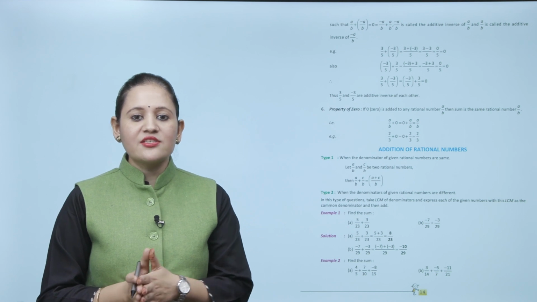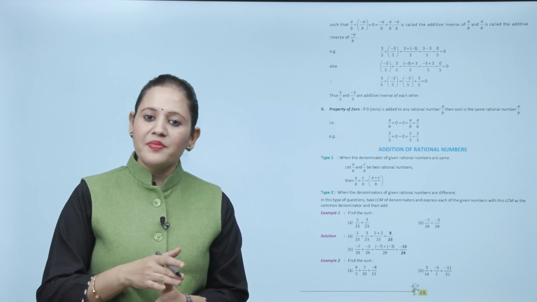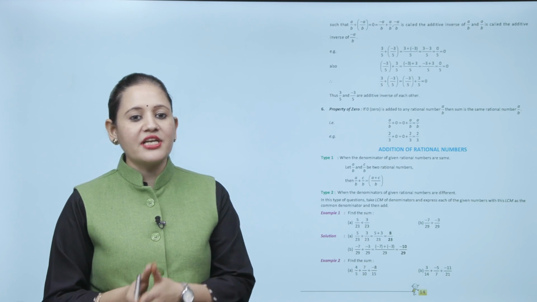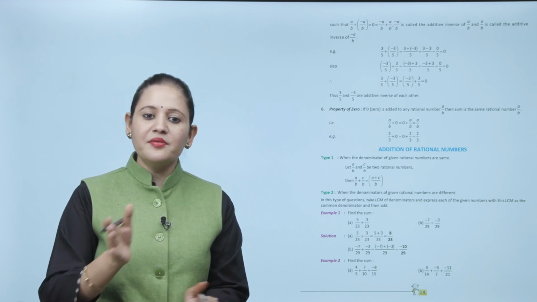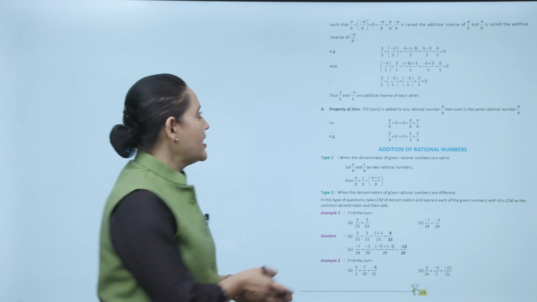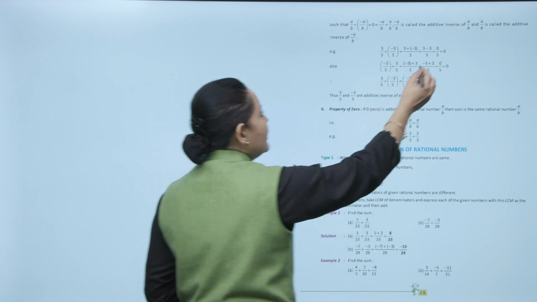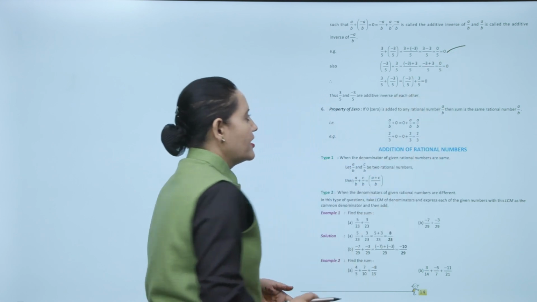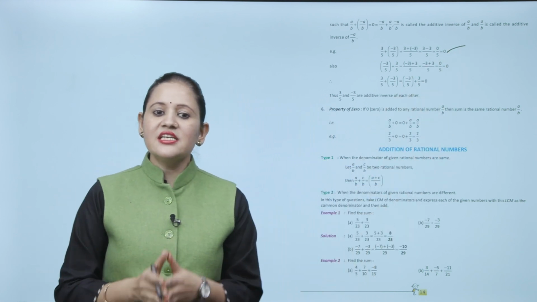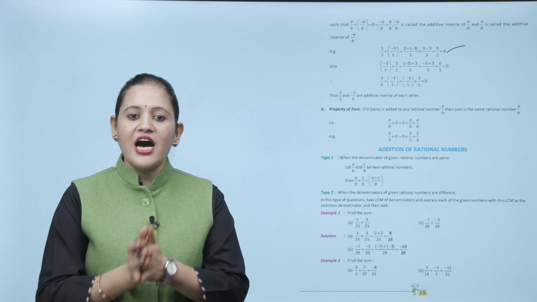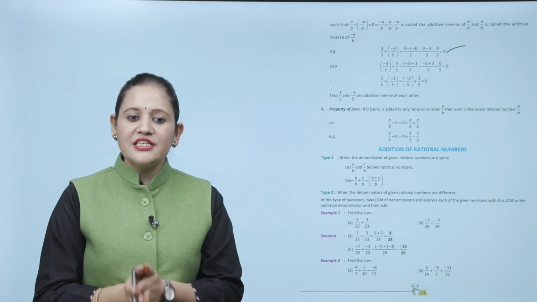Minus a upon b is called the additive inverse of a upon b, and a upon b is called the additive inverse of minus a upon b. For example, 3/5 और उसका additive inverse को add करेंगे minus 3/5, we will get 0. Clear? Thus 3/5 and minus 3/5 are additive inverses of each other.